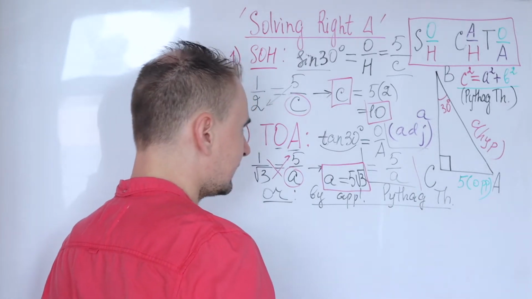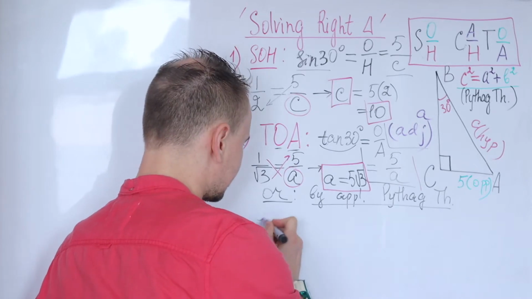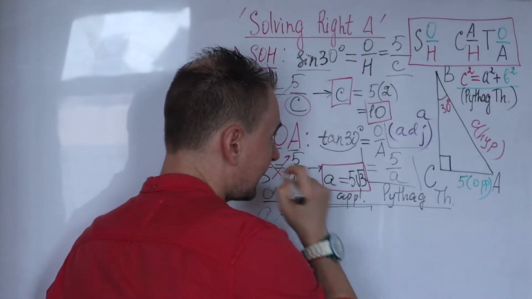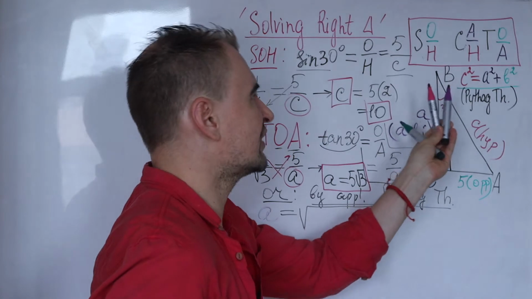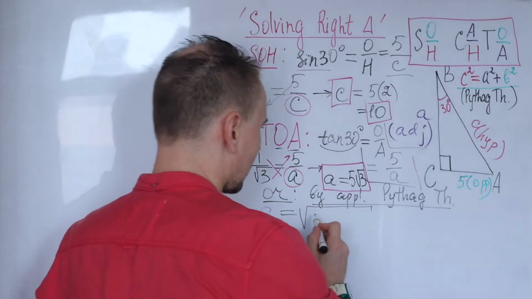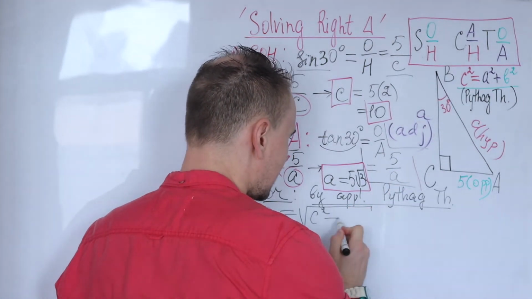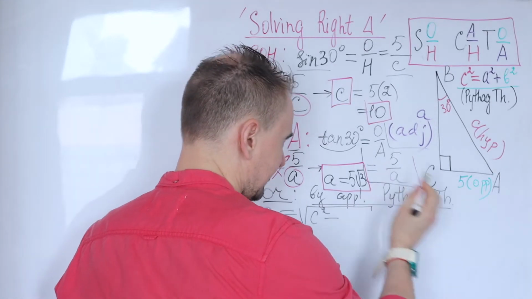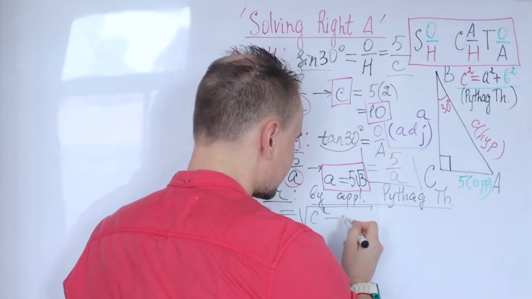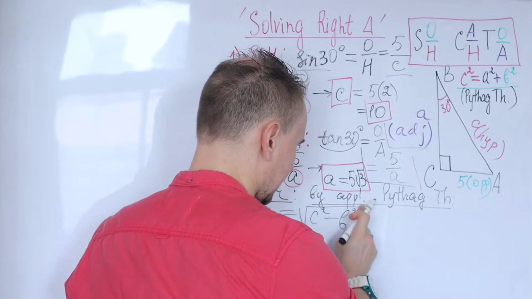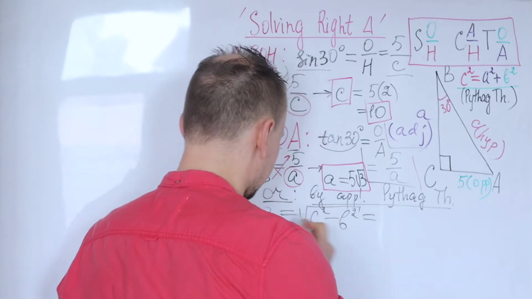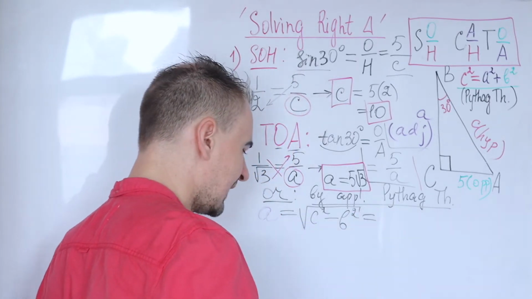So your A basically becomes, all you need to do is just take the square root. So just rearrange this formula: C squared, so hypotenuse squared, minus B squared. And all you need to do is just plug in the values into this formula.